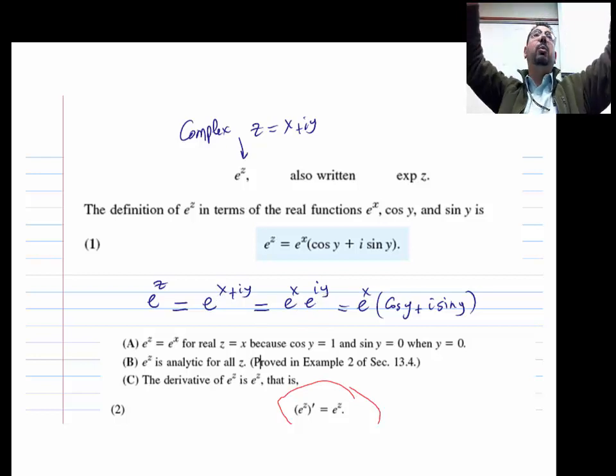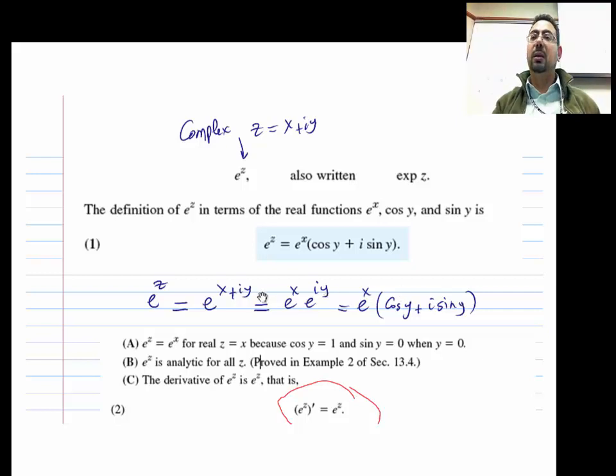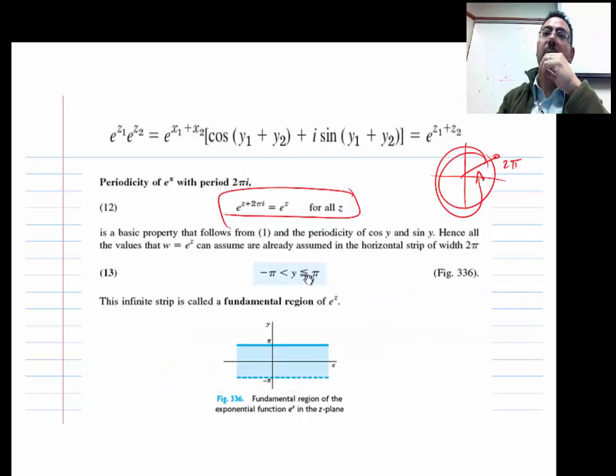Because again, when you have e to the power something multiplied by e to the power something, all you have to do is just add. So it becomes x plus iy. But now when it's like this, e to the power iy, that's the formula with cosine y and sine y, and e to the power x is this guy. So that's the first kind of problem that you should expect. If I tell you e to the power z is 7 or something, you will break it into this, you will equate it to whatever I'm giving you, and you will figure out what's the x and what's the y. Okay? Very good.